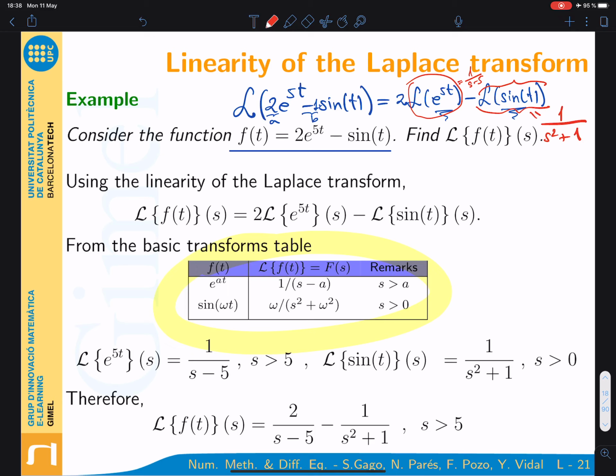So basically what we will get is 2 times this term, which is here, and minus this term that was here, okay? So linearity is a very easy to apply property.